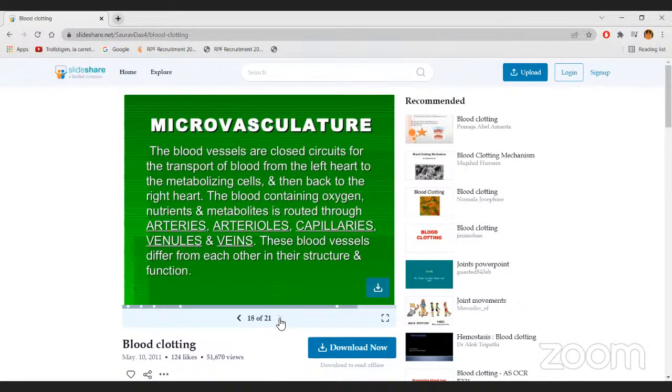The microvasculature. The blood vessels are closed circuits for the transport of blood from the left heart to the metabolic cells, then back to the right heart. The blood containing oxygen, nutrients, and metabolites is routed through arteries, arterioles, capillaries, venules, and veins. These blood vessels differ from each other in structure and function.